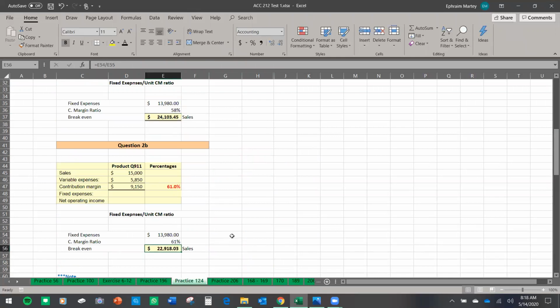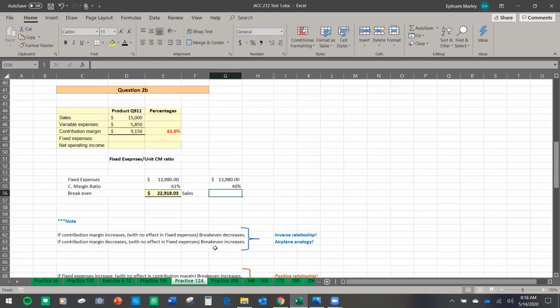Let's make a scenario. Let's imagine we have the same fixed expenses, but in this case, contribution margin is going to decrease. Let's say we have a contribution margin of 40%. My analogy is that because it is decreasing with no effect on fixed expenses, break-even will go up.